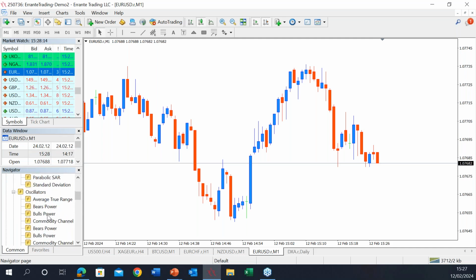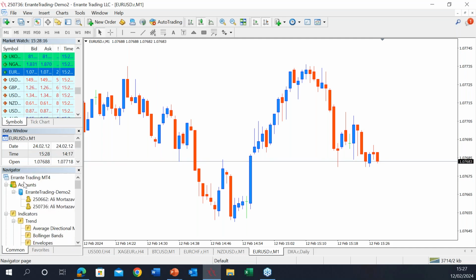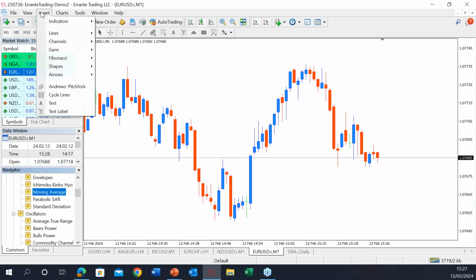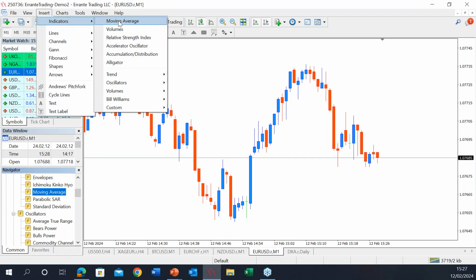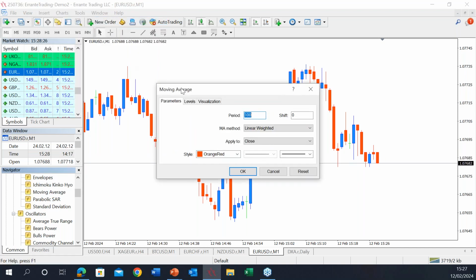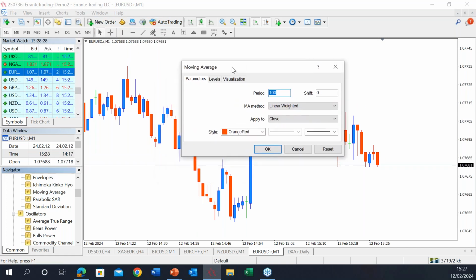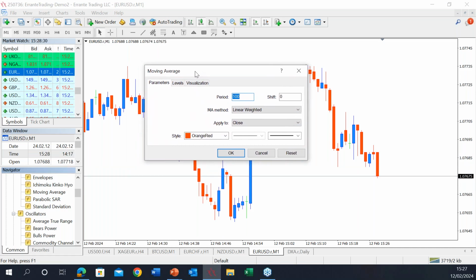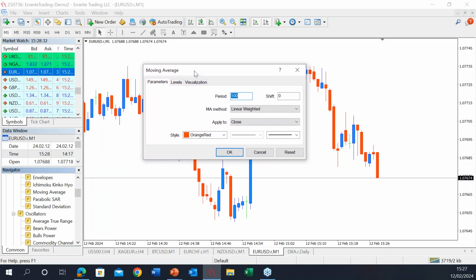When you want to apply the moving average, you can find it through the navigator or using the insert menu here. You can find the indicator and you can find the moving averages. In both cases, you will be able to choose from the different features that allow you to apply any type of moving averages you want on your chart.